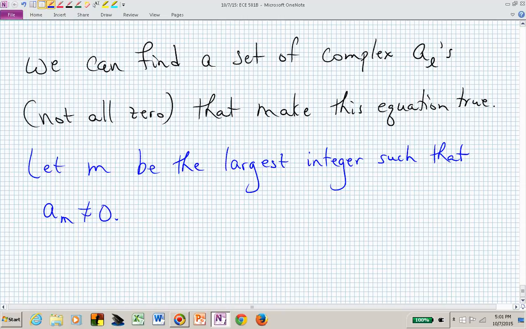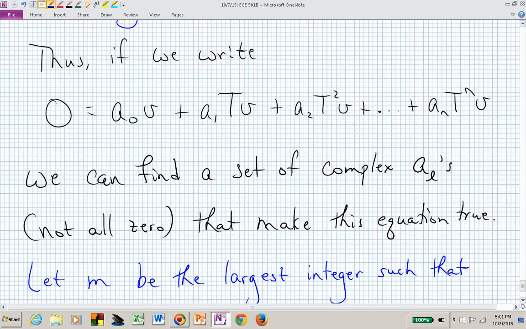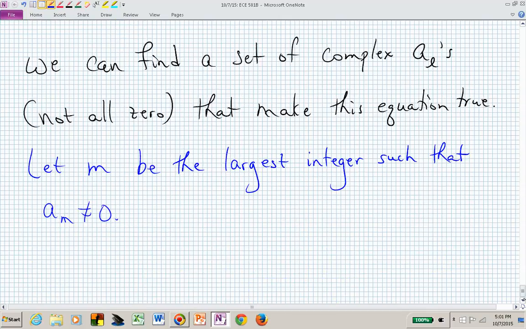So we go up there in this equation and we find the biggest a that's not 0, and every a beyond that is 0. We find the largest coefficient that's non-zero in this equation, and that's defining Michigan, or M. So if little n is 7, maybe M is 5, and the other ones beyond 5 are 0.